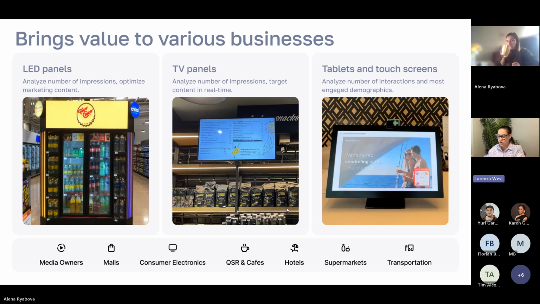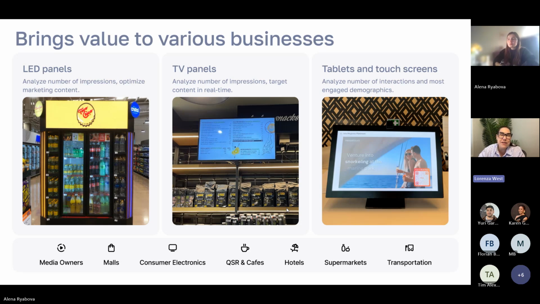Yeah, exactly. So we have a couple of cases here in front of us. We have LED panels. This is actually being used in real life at this very moment in Brazil. This one is Topo Chico. I know we have one for a Coca-Cola brand zone as well. Our system is using a content management system to manage all the content on the screen. At the same time, we are analyzing who is stopping by. You know what I mean?